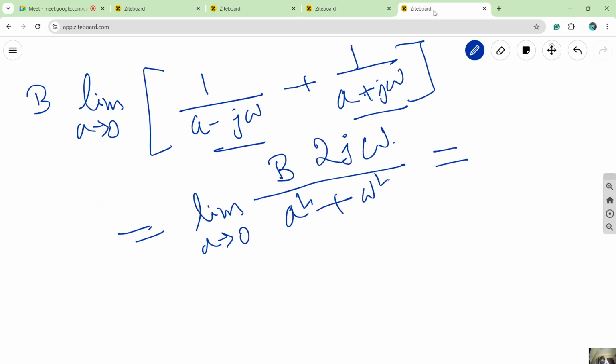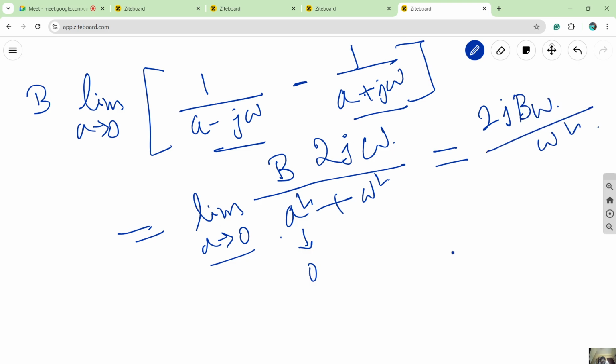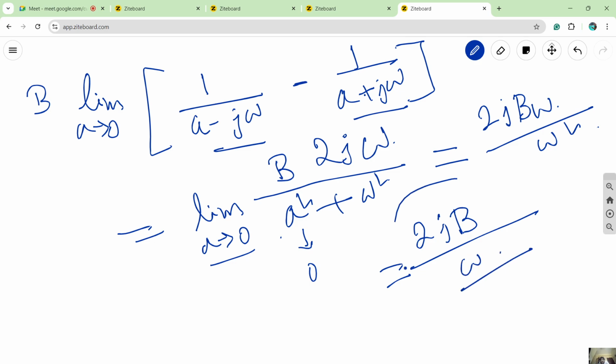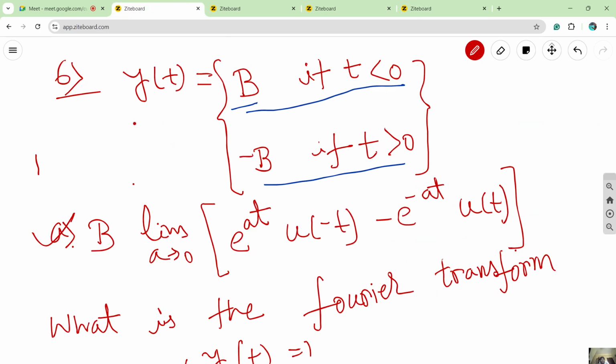Yes, yes. And then as a tends to 0, this will be 0. So this is 2jb omega by omega square. So this is actually 2jb by omega. So this is the Fourier transformation of this particular signal. Right.